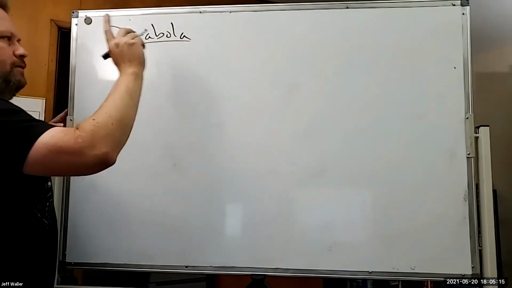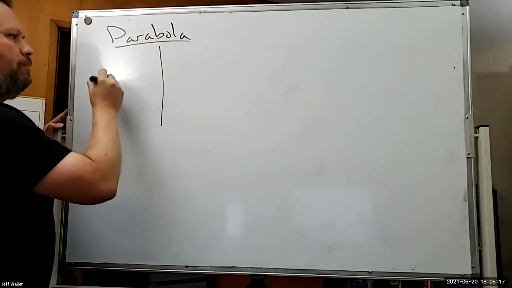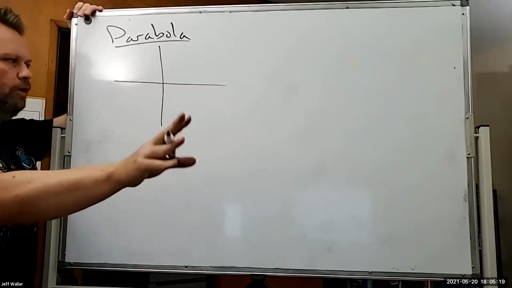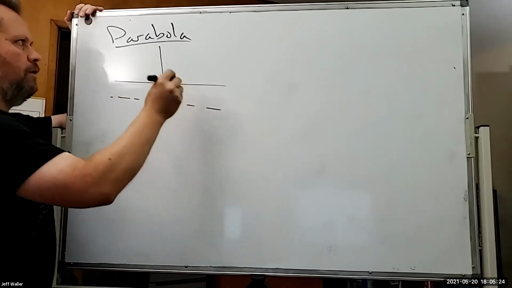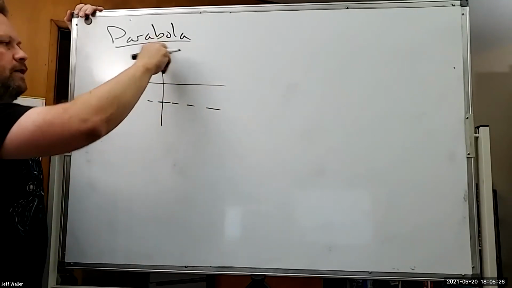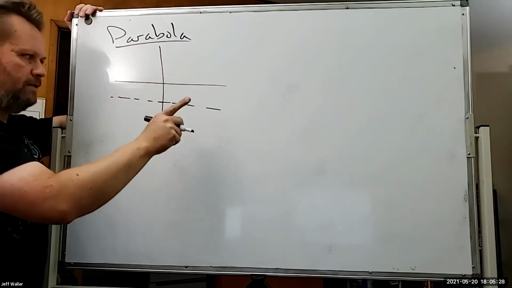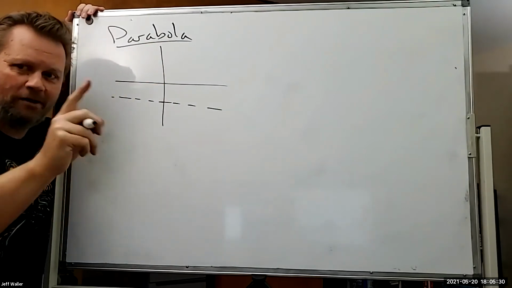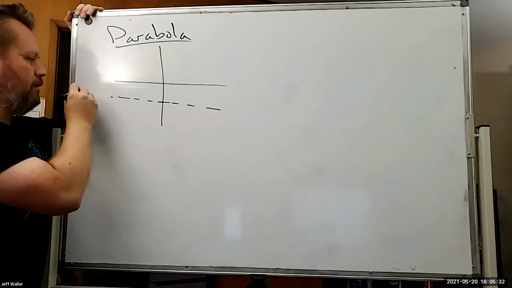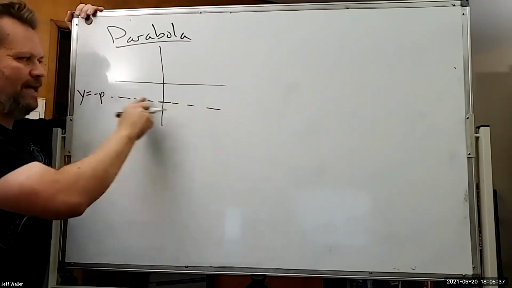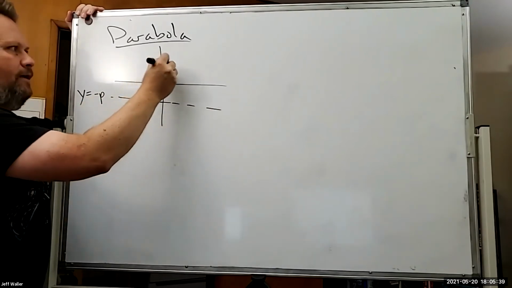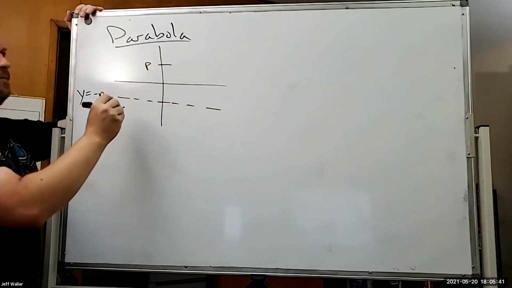So the definition of the parabola is all the points, now stay with me, this is weird, all the points on a parabola are such that they are equidistant from this line and this point.